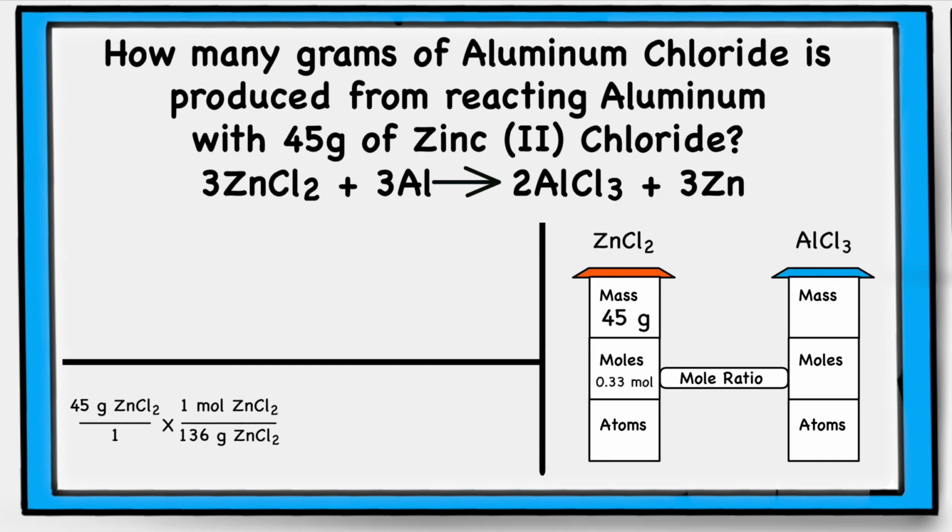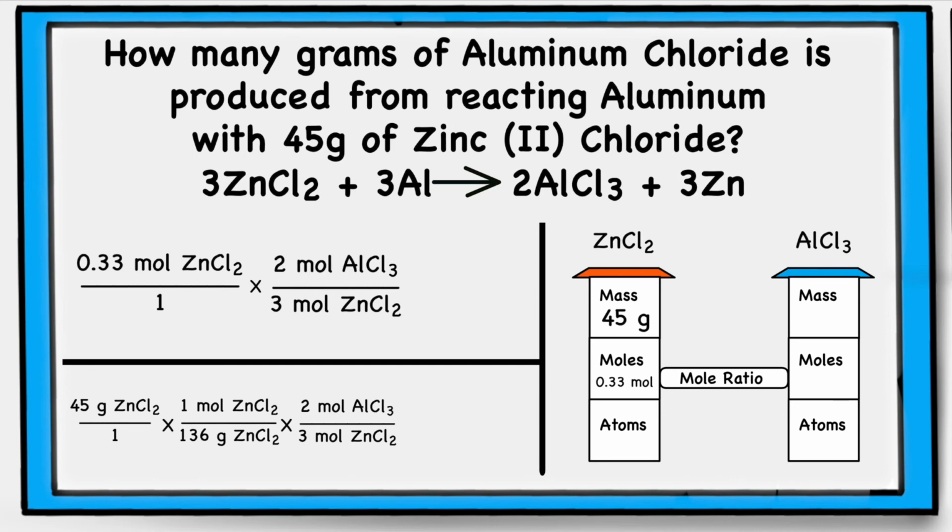Now we can use our mole ratio to convert our 0.33 moles of zinc 2 chloride into moles of aluminum chloride. This means I'm multiplying my 0.33 moles of zinc 2 chloride by 2 moles of aluminum chloride over 3 moles of zinc 2 chloride, in other words, the coefficients. This gives us 0.22 moles of aluminum chloride.